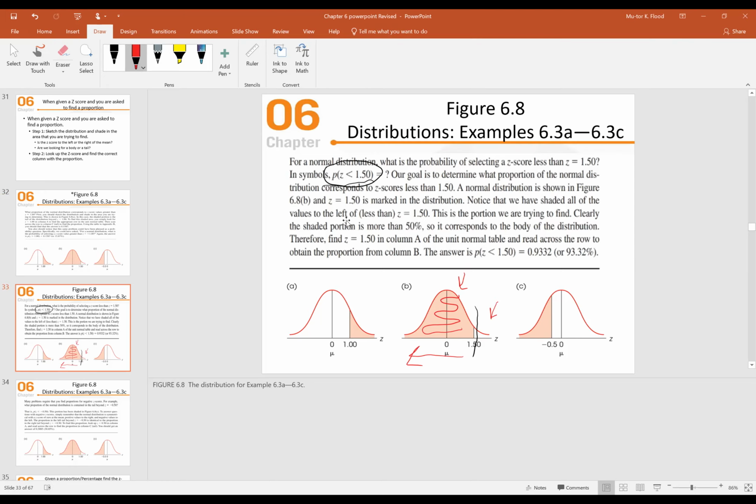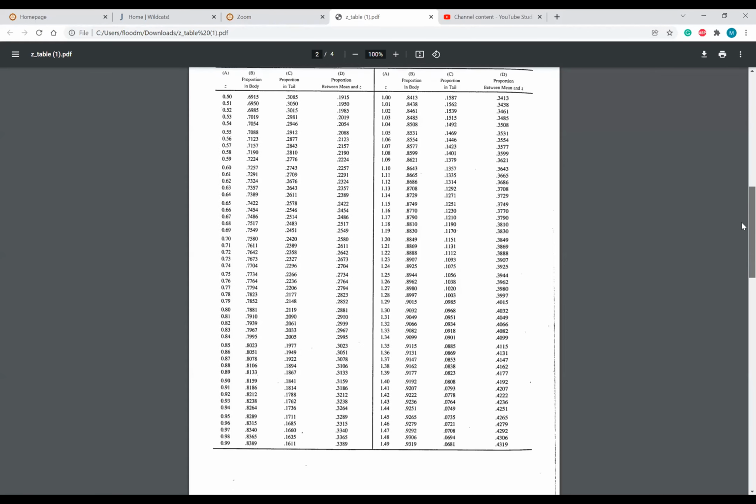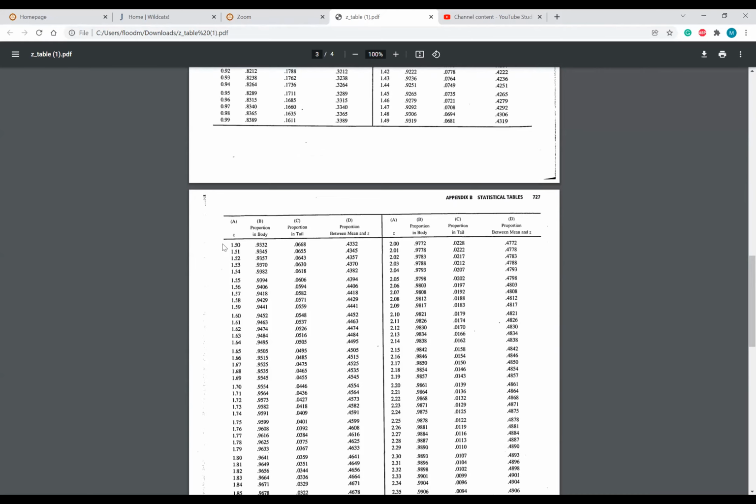So we would go to our unit normal table and look up the z-score of 1.50. In column A, we're looking at the z-scores, and a z-score of 1.50 is right here.